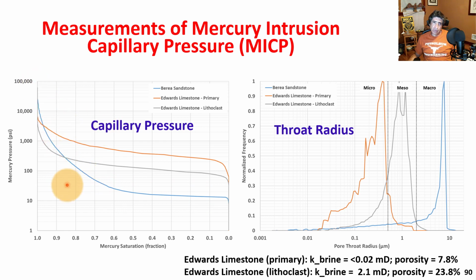If you were to take this mercury intrusion capillary pressure and convert it over to throat size distributions, what you're going to see, first of all, for the Berea sandstones, is a very, very sharp log normal distribution of throat sizes, characteristic, as I indicated before, of clastic rocks, where not even a Gaussian, this is like a sharp delta function.